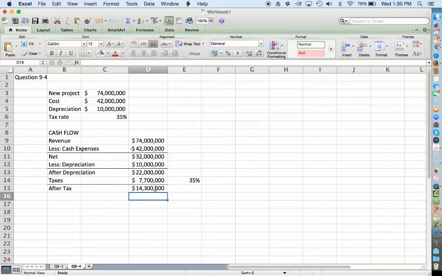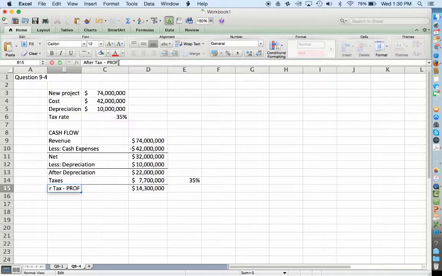Okay, now, this is not cash flow. This is profit. Okay? This is actually an income statement.